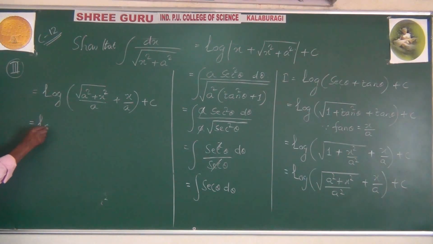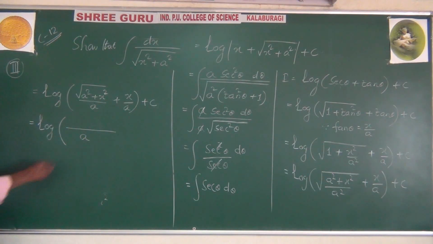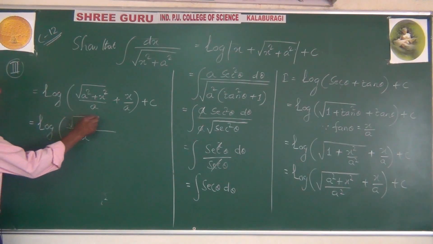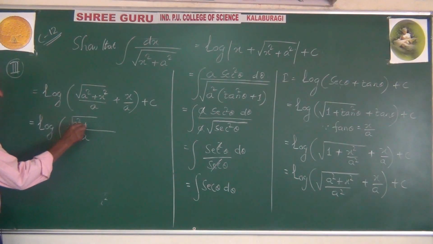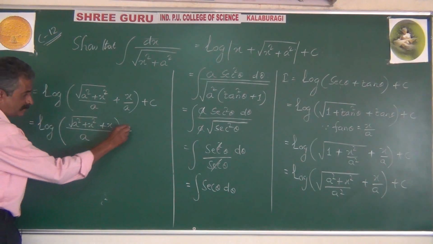That is equal to log, within bracket LCM is a. After LCM we get root a square plus x square plus x plus c.